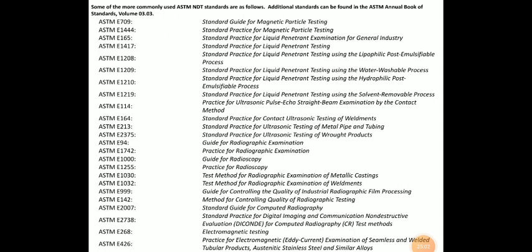So these are the basic standards of the ASTM, the American Society for Testing and Materials, in volume 03.03, providing a vast number of categorized standards to follow for these tests and to provide good quality welds or specimens of the product.